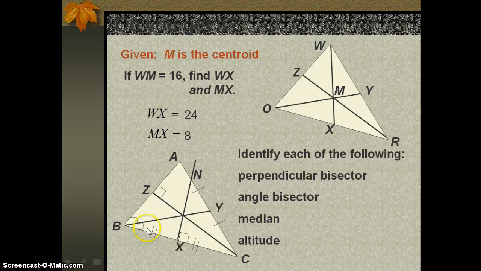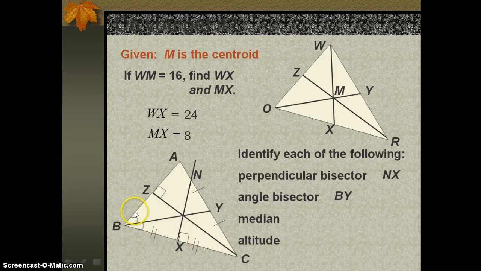Alright, now using this triangle, we are going to identify the following. So first we need to identify a perpendicular bisector. Well, the perpendicular bisector in this triangle could only be NX. Notice that it's perpendicular to this side and it's cutting this side in half. An angle bisector. The angle bisector in this picture is BY.